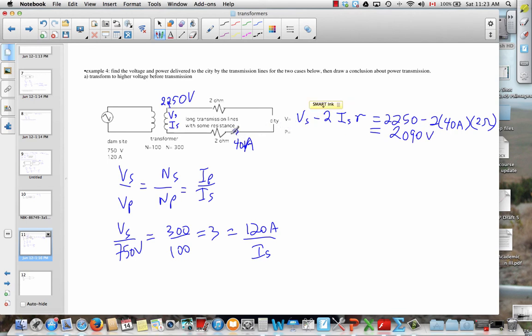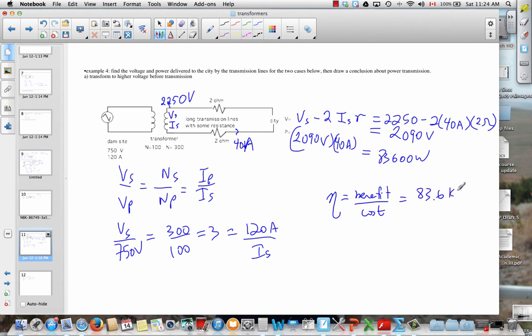The current at the city is still 40 amps, so we can find the amount of energy that arrives at the city, 2090 volts with 40 amps of current. That gives us 83,600 watts. So the efficiency of this power grid, efficiency is the ratio of benefit to cost, we're getting 83.6 kilowatts of useful energy at the city.